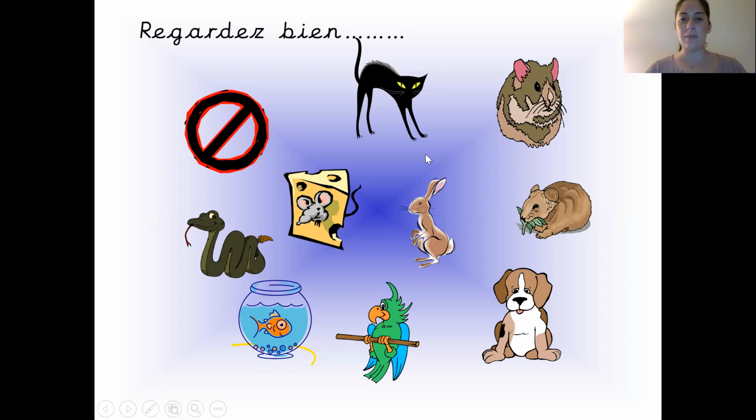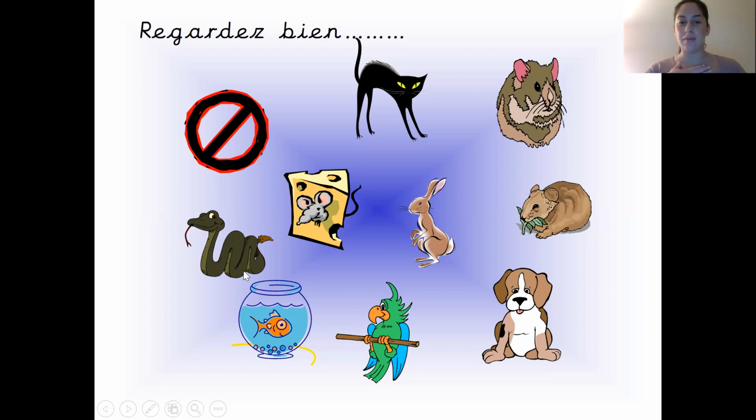How do we say rabbit in French? Do you remember? Un lapin. How do we say mouse in French? Une souris. How about a snake?